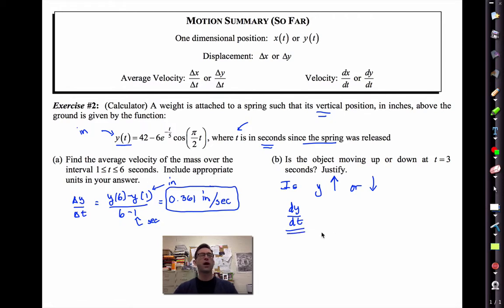If the derivative is positive of anything, then that thing is increasing. And if the derivative is negative, that quantity is decreasing. So we use the velocity to determine whether the position is increasing or decreasing, going up, going down, going to the right, going to the left. I want you to use the numerical derivative on your calculator and try to use the function notation as well. All right, pause the video now.